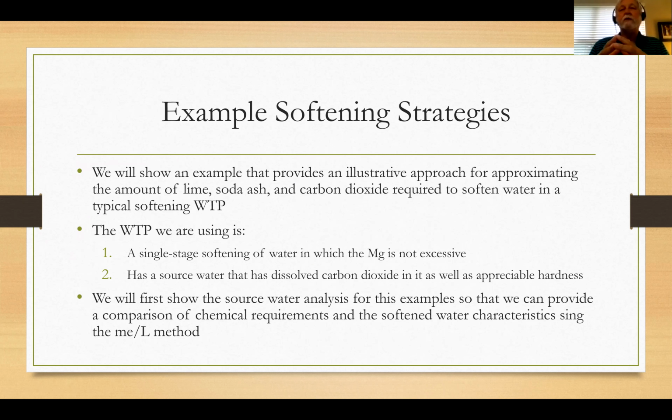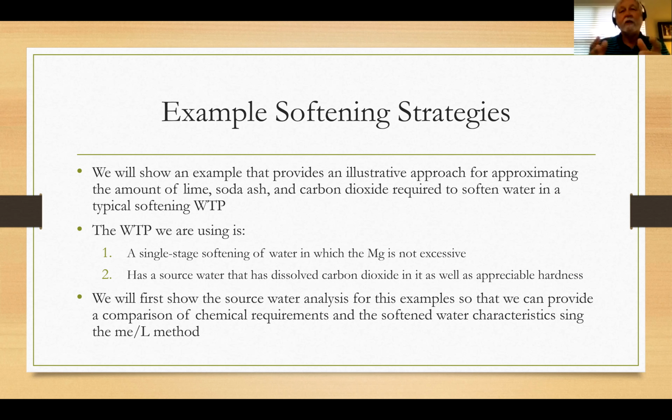Then we'll talk a little bit about how you can apply those same techniques to 2-stage softening with excess lime or split treatment softening, or whatever type of softening you might be doing at your particular water treatment plant. In this example, it's single stage softening, and magnesium is not excessive, so we don't need to go to 2-stage to raise the pH. We'll talk about that a little bit later.